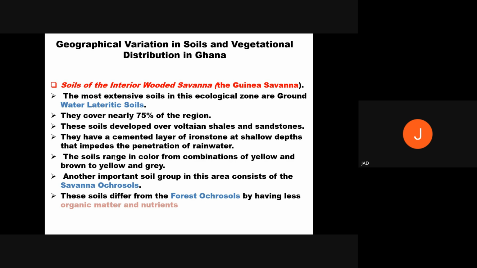You have grass in the savanna, and in the forest zone you have trees and other vegetation. So why is it that these two factors contribute to variation in the observed amount of organic matter and nutrients in the savanna soils and the forest soils?